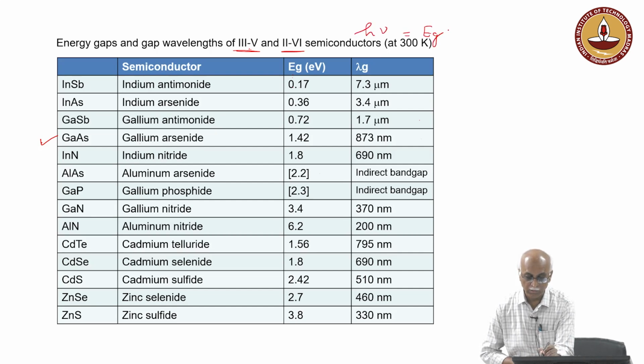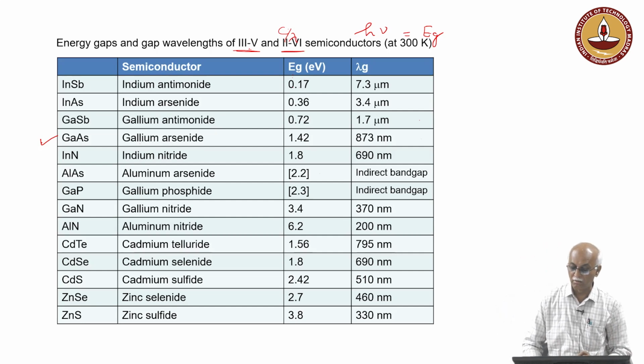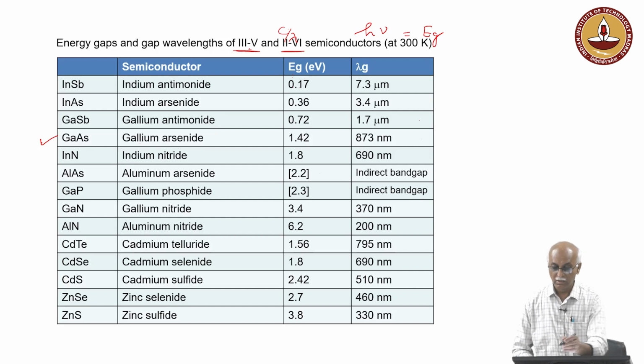This is nothing but the band gap, and nu is nothing but c by lambda. C is the speed of light, lambda is the wavelength. So, correspondingly we can derive the optical wavelengths which are described over here.